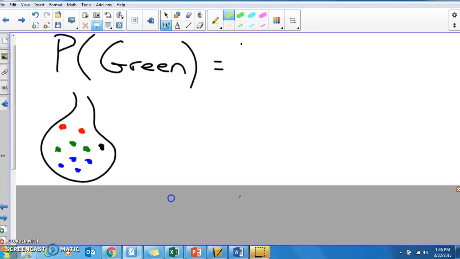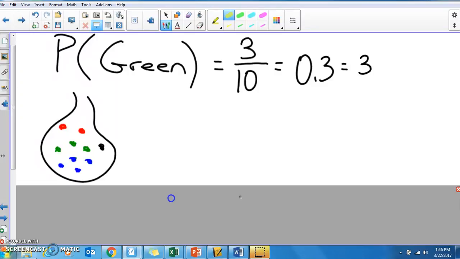So I have 3, and I'm going to write that over the total number of marbles. I have 1, 2, 3, 4, 5, 6, 7, 8, 9, 10 total marbles. So my probability is 3/10. As a decimal, 3/10 is 0.3. And as a percent that would be 30%.